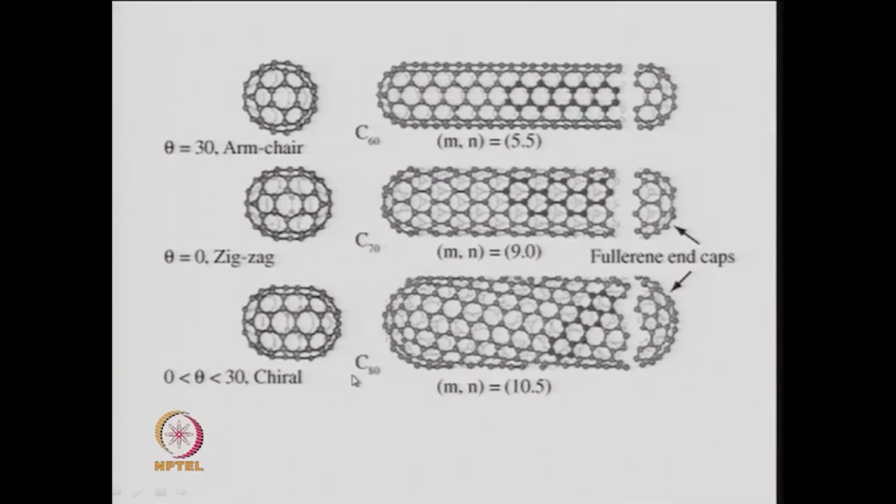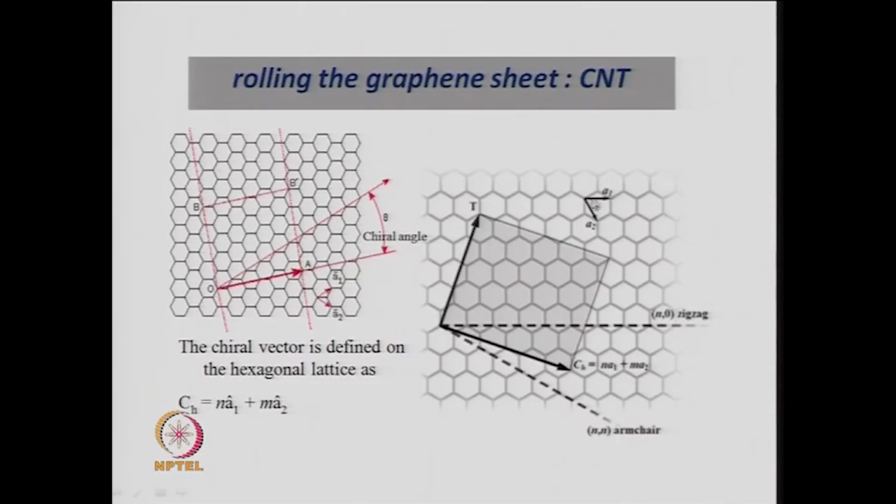So, depending on the n and m values, the coefficients of these two vectors by which you define your chiral vector are very important to know what kind of carbon nanotube will result from a particular kind of chiral angle.